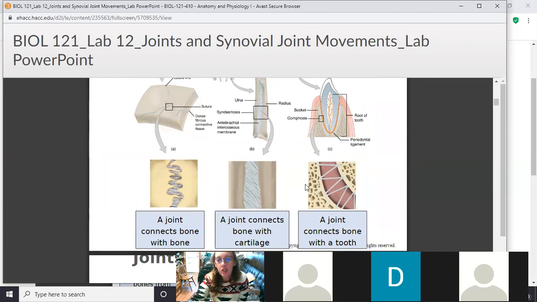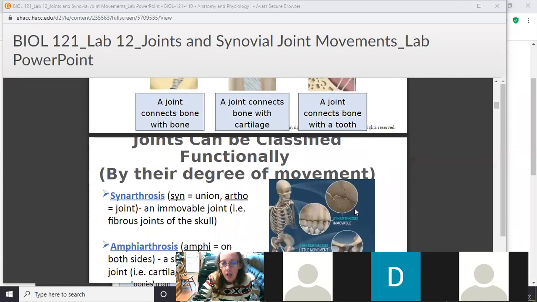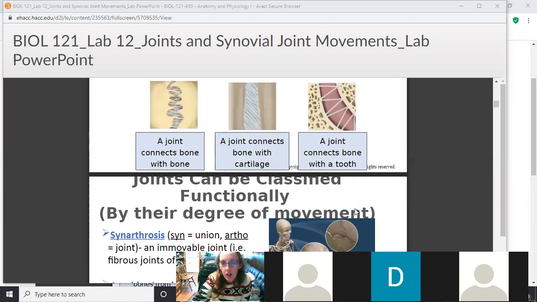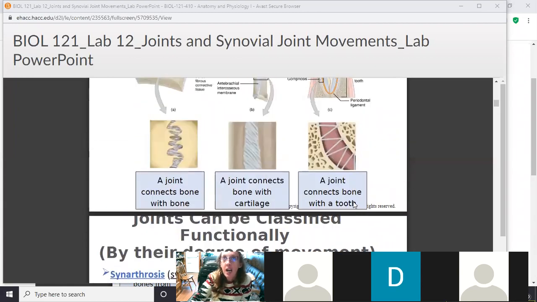A joint connects bone with cartilage. A joint connects bone with a tooth. So I think that's on the first page, right? Sound about right? Wouldn't a joint connecting a bone with a tooth still be bone to bone, because a tooth is a bone? It's not, technically. There's more to a tooth than just bone.